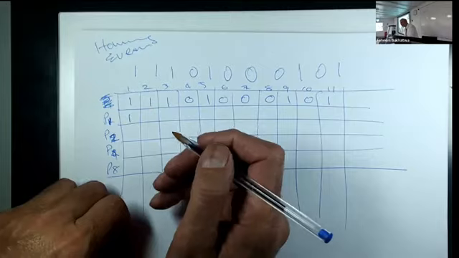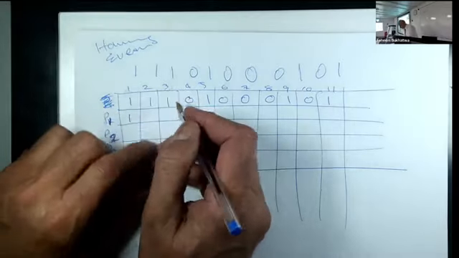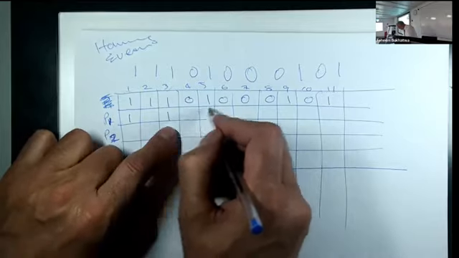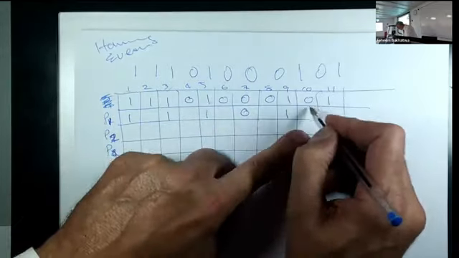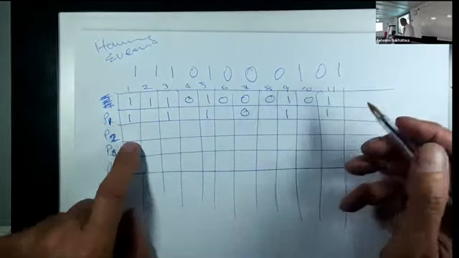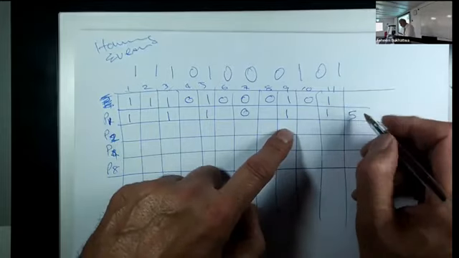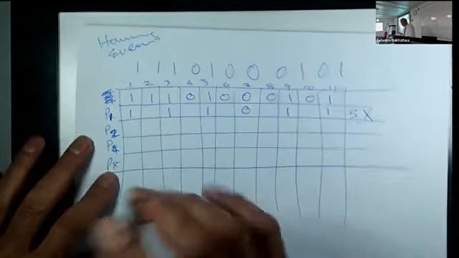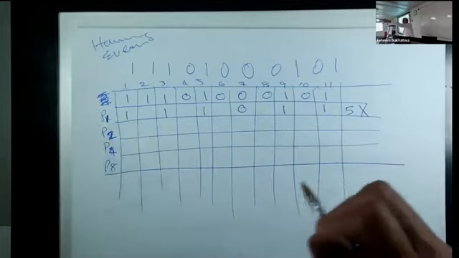What's the next one? 3, okay. 5, 7, 9, 11. Good. How many bits are now in this group? 5. Is that good? No. There's an error in parity 1.